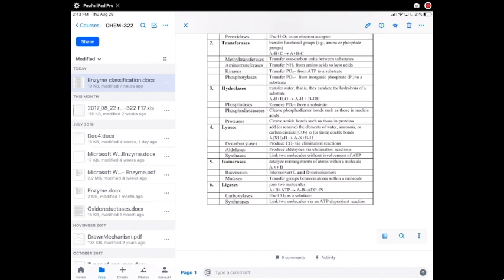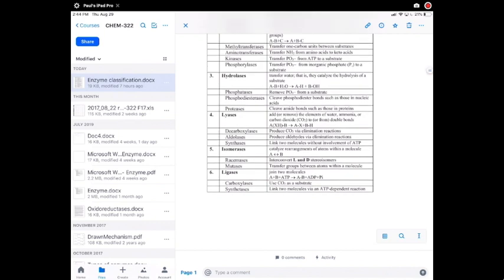A phosphate is carried on an ADP, and that phosphate is transferred from the ADP to another entity, in this case a sugar. So it's under the big class of transferase, under a specific class of kinase.